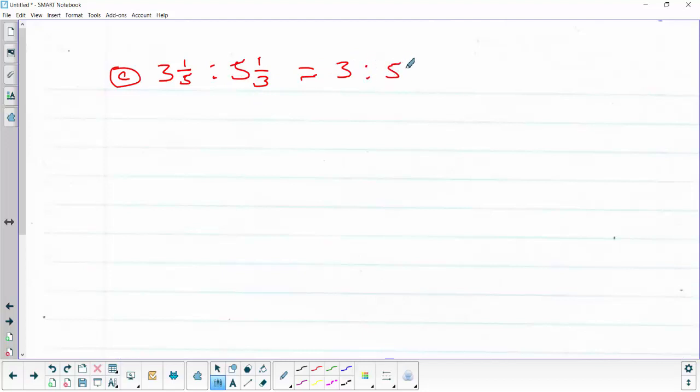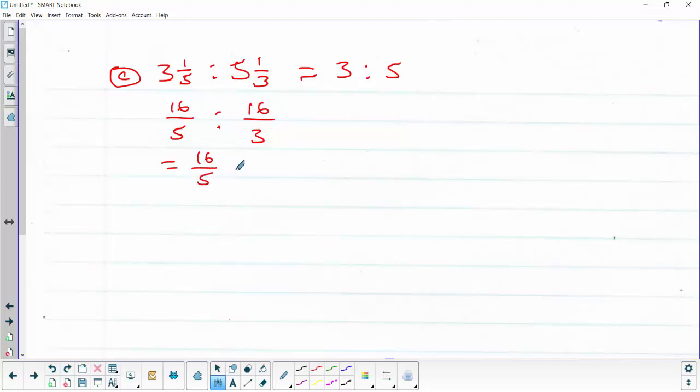So let us prove it. We need to convert this to improper fractions. When we convert it to improper fraction, we are going to have 16/5 ratio 16/3.